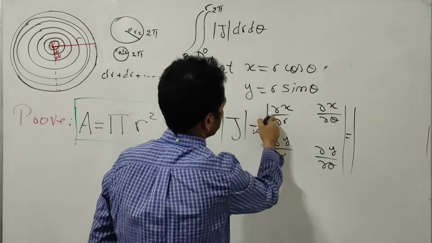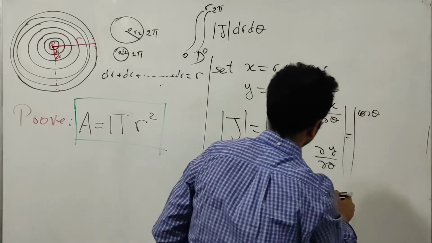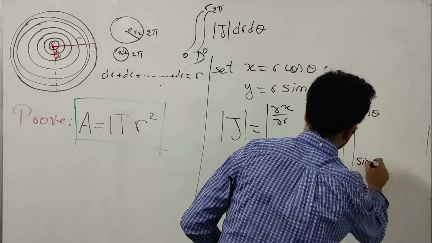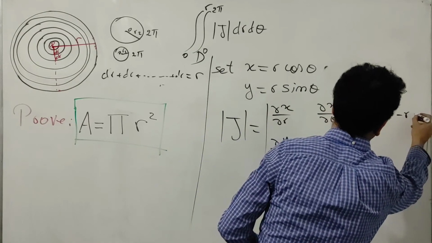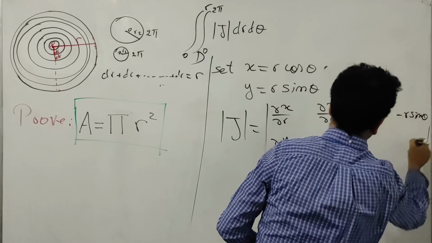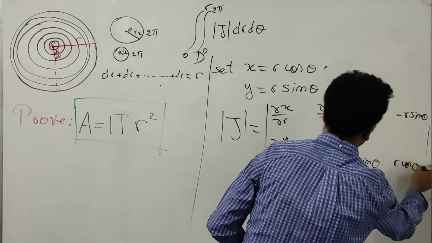If you calculate, this one gives cosine theta, this one gives sine theta, this one gives minus r sine theta, and this one gives r cosine theta.